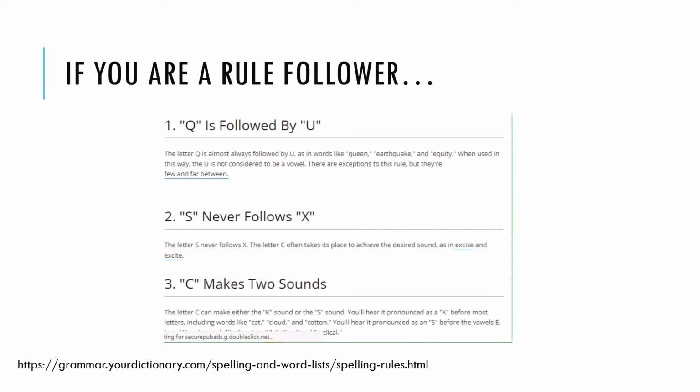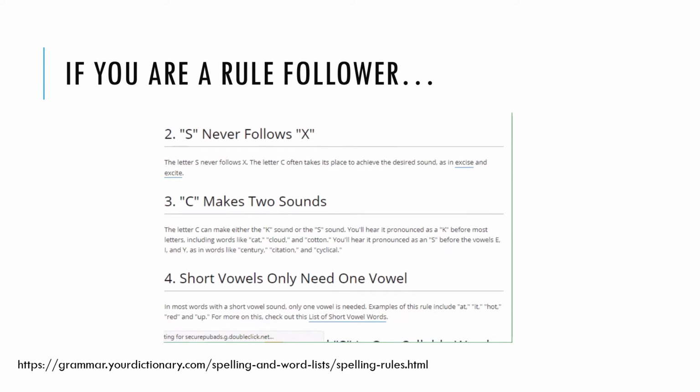This number 1 is something we also learn early on in our existence, and it is that the letter Q is followed by the letter U. Q and U almost always come together. It does say there are a few exceptions, but very few. Some other ones that I apparently never think of, but they are rules.